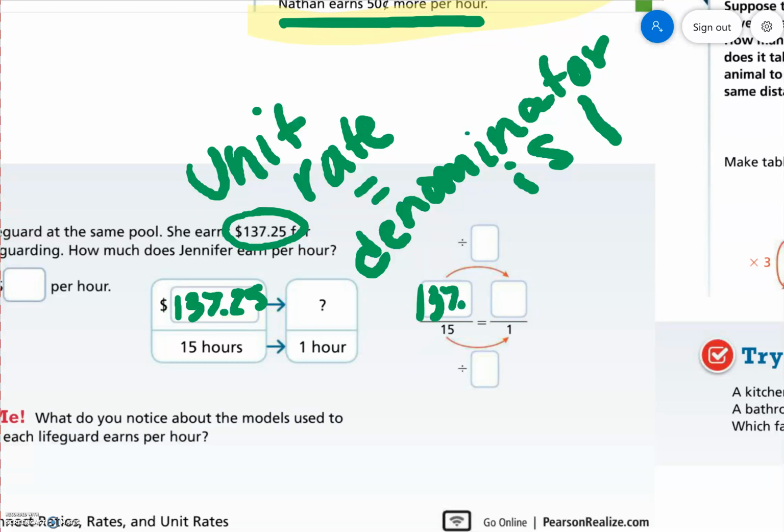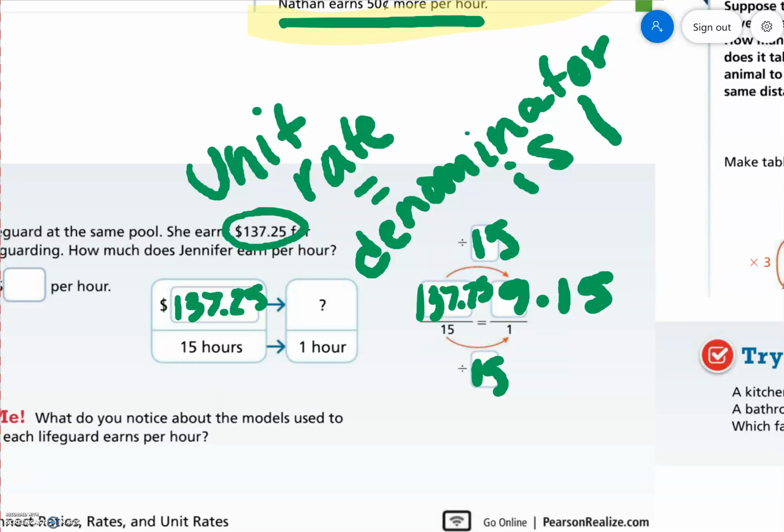So we have 137.25. We are trying to divide both sides by 15, both the top and the bottom. We find 15 because we need to know 15 divided by what equals 1. We'll divide by 15. So I get out my calculator and I do 137.25 divided by 15 to give me 9.15.